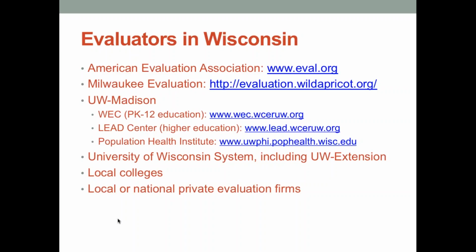And then there are a ton of local private evaluation firms as well, or national ones, that you can talk with. And stay local for lots of different reasons. It's great, and there's, again, people across the state who are really coming with great experience and great perspective on helping you through this program improvement process. Yep.